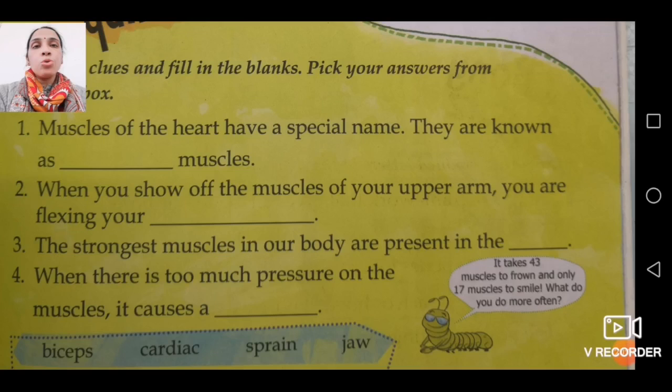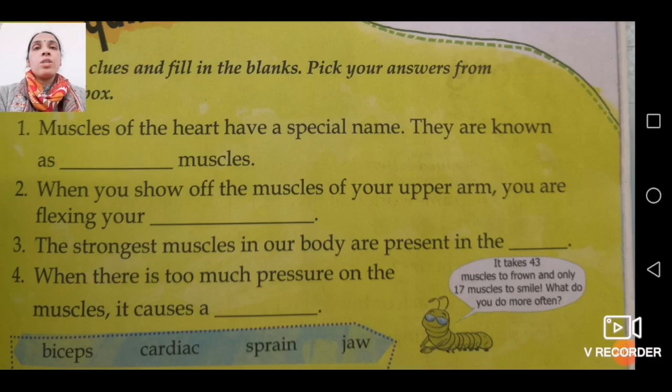Now come to number 2. When you show off the muscles of your upper arm, you are flexing your biceps, and the lower arm muscles are known as triceps.